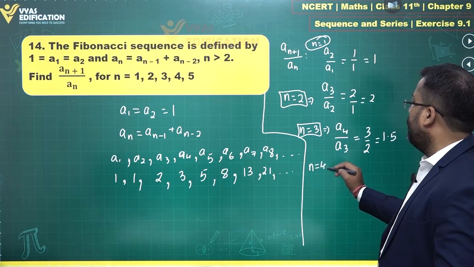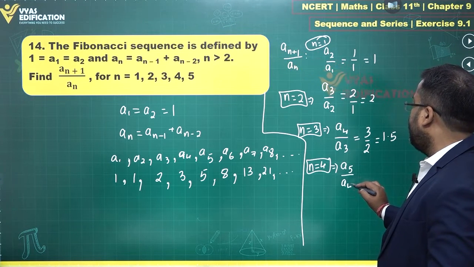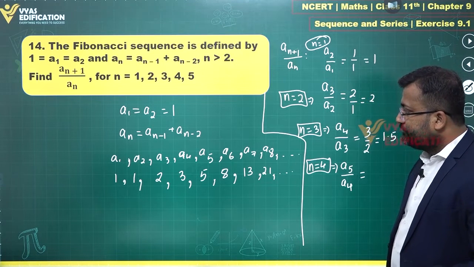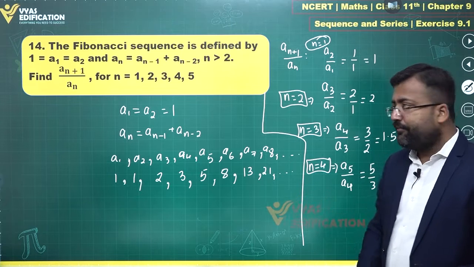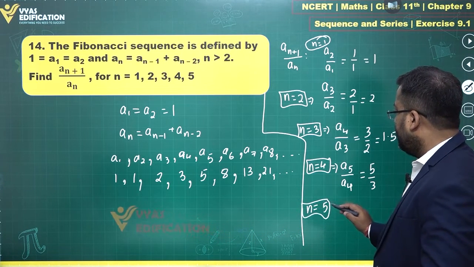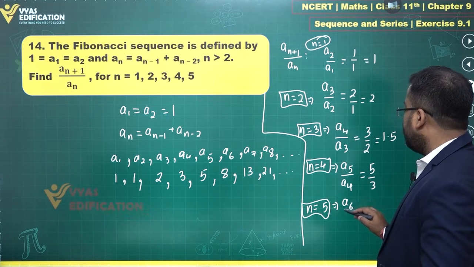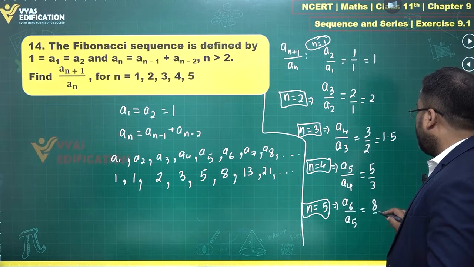For n equals 4, A5 upon A4 is equal to 5 upon 3. This is what you get. For n equals 5, this tells me A6 upon A5 is equal to 8 upon 5.